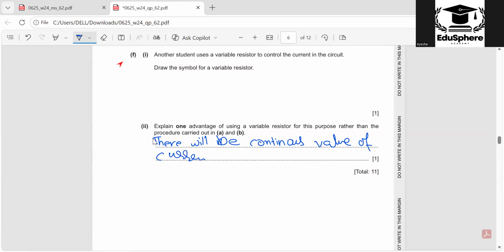So no need to change the resistors. Rather, you will be using the resistors directly. The value of the resistance can be altered directly. You can say no need to connect or disconnect it, and the resistance value will be easy to change.